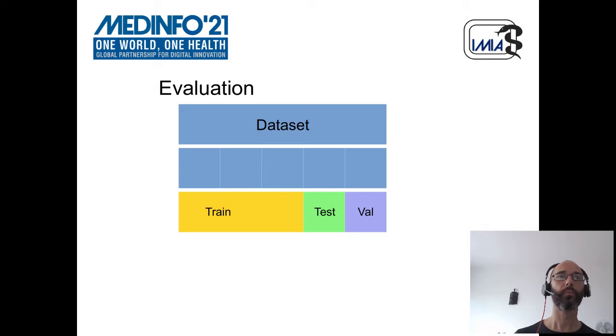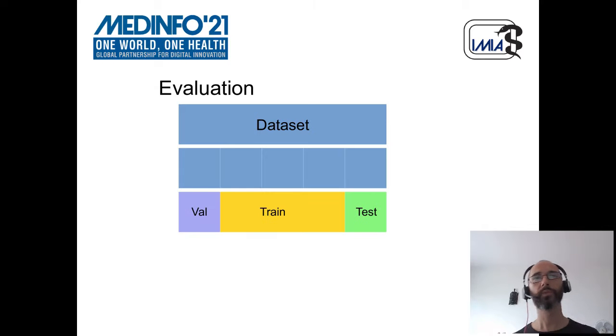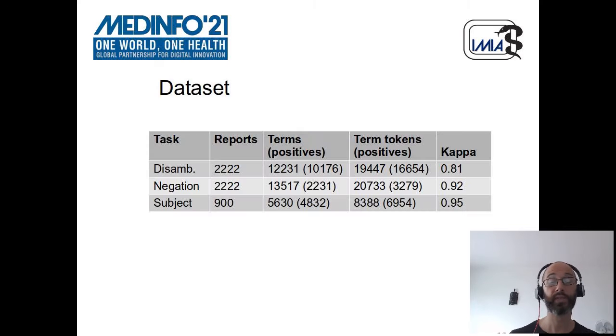So, the results. We have different annotated datasets. Disambiguation and negation is the same set of clinical reports as at the beginning, containing around 2,200 reports with various counts of tokens and terms. You can see that there are roughly two tokens per term on average, based on the specific tokenization.